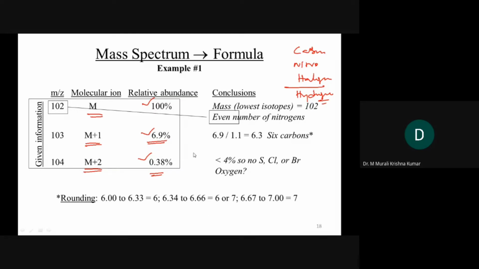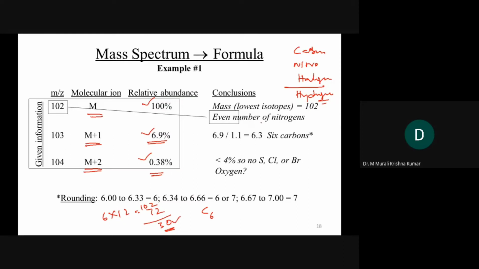So this exercise is indicating that you can have 6 carbon atoms in your sample. Let's say we have 6 carbons, 6 into 12 is equal to 72. If you subtract 72 from 102, you will get 30. Carbons 6 and we have 30.